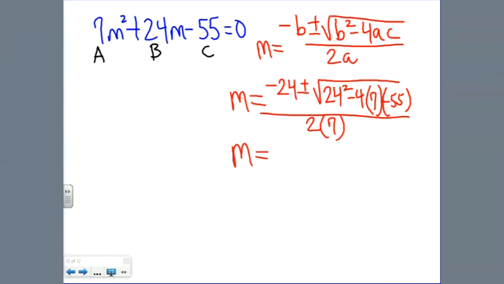Now let's find the discriminant under the radical. So 24 squared is 576. And when you multiply the last 3 numbers, you end up with a positive 1,540. And that gives us a value of 2,116.